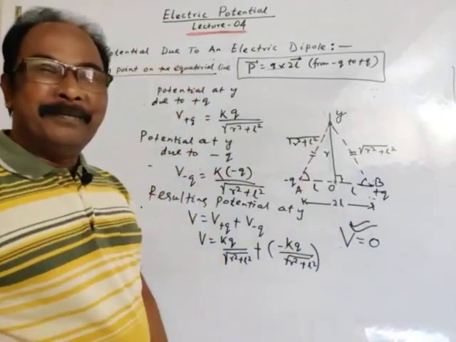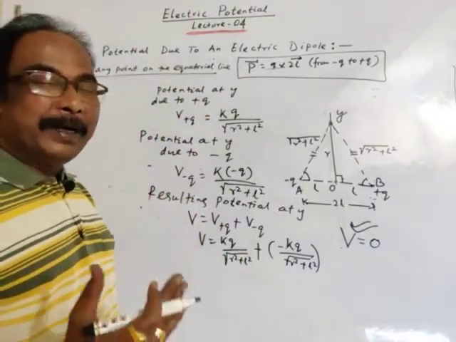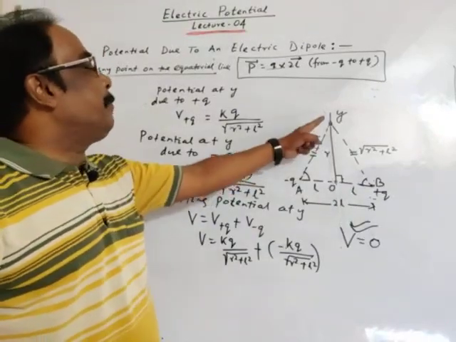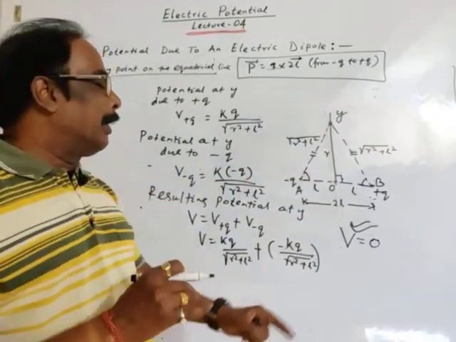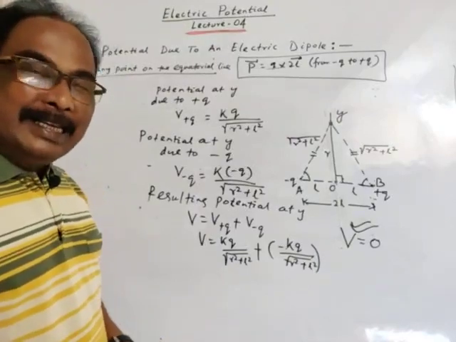Potential at any point on the axial line due to a dipole is kp by r square, and potential at any point on the equatorial line is 0. Okay. This is very easy.